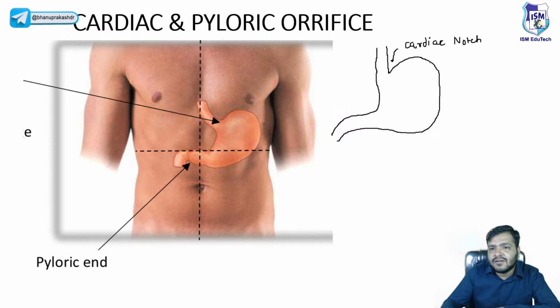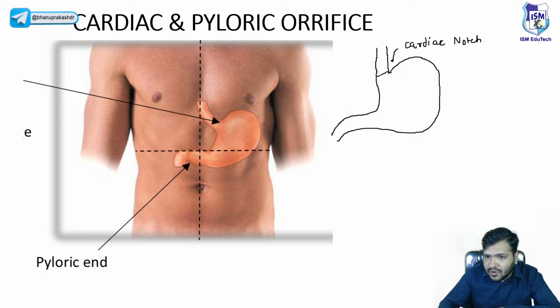It is separating the fundus of the stomach from the lower end of the esophagus. This is the cardiac end over here, and there is an opening that is called the cardiac orifice.